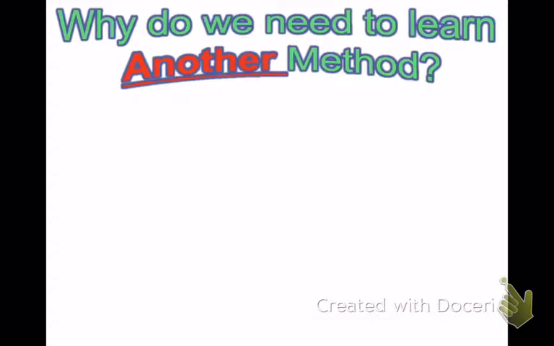Now, before we get into the actual reasons of how we do completing the square and solve in that fashion, we're going to talk about why we need to learn another method if we already know how to do it with factoring. Why is this something else that we need to learn? Let's say we take this quadratic right here and we want to go ahead and factor it.